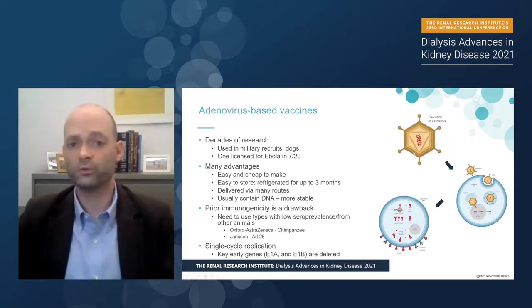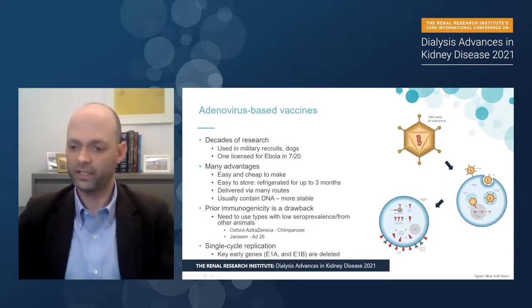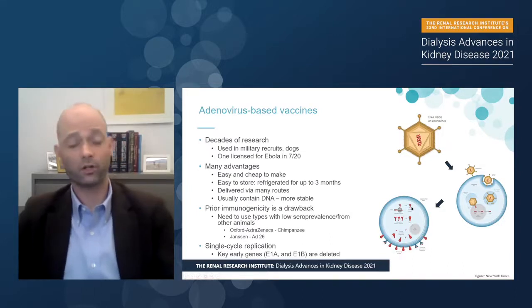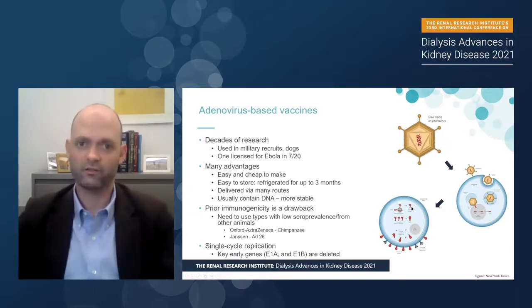So this is a cartoon characterization of the vaccine. Here you have the adenovirus carrying DNA material of your choice to deliver the vaccine. Once the adenovirus gets into the cells, it delivers the DNA, and then through transcription and translation, it produces whatever target you want. In the case of the adenovirus vaccines for COVID-19, it's the spike protein.